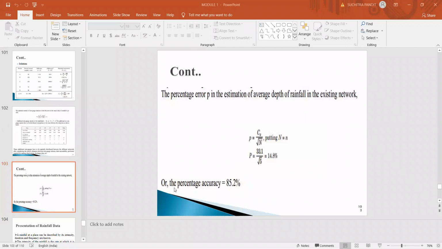So the percentage of accuracy with the existing rain gauge network is 85.2. So now you have calculated how many additional rain gauges required, that is 6. So if you incorporate these 6 rain gauges depending on the area, maybe the percentage of accuracy may go up to 90%.